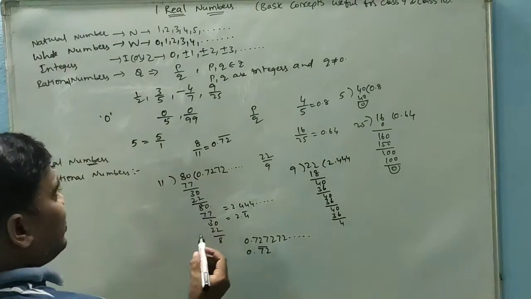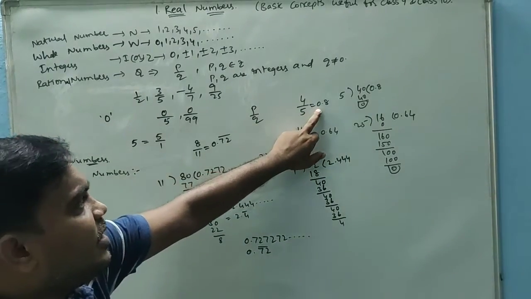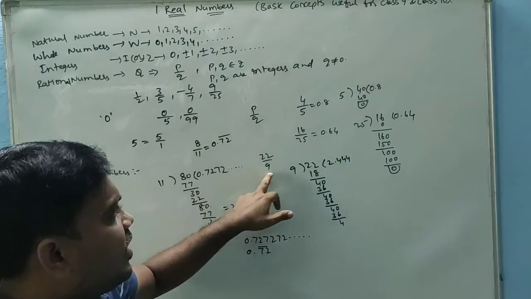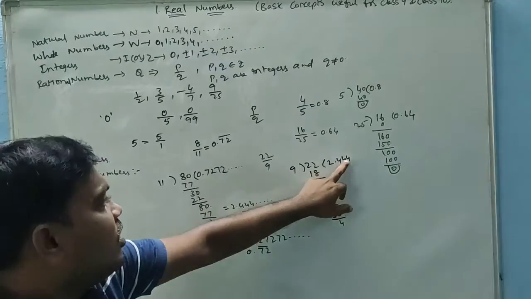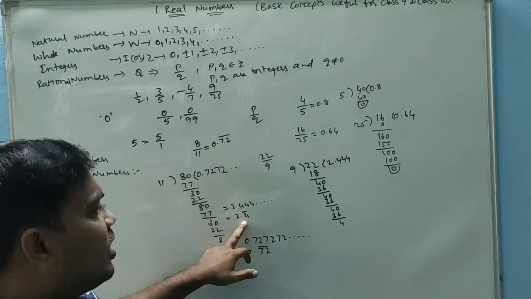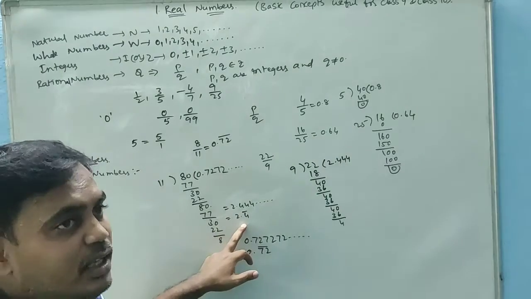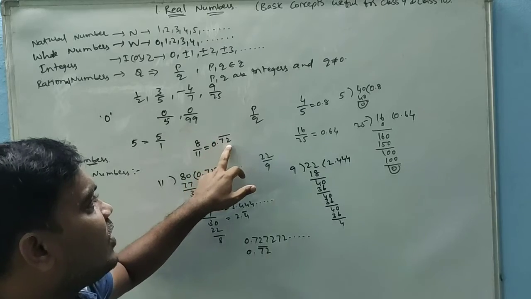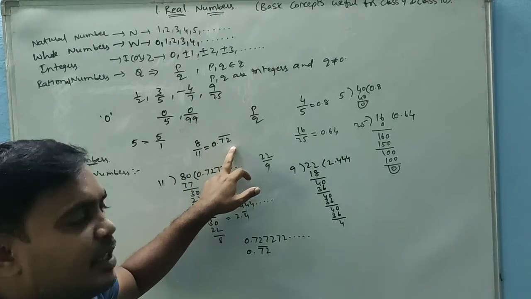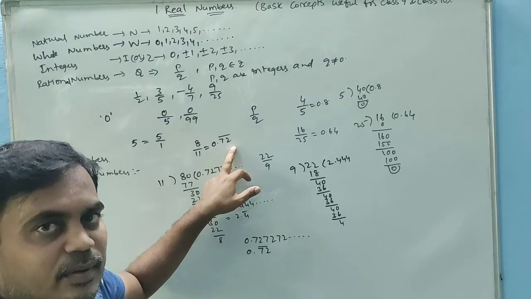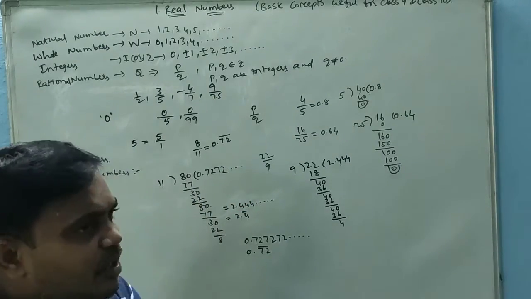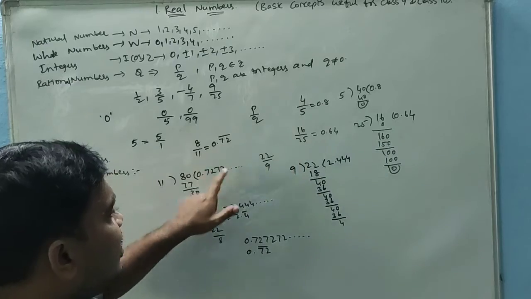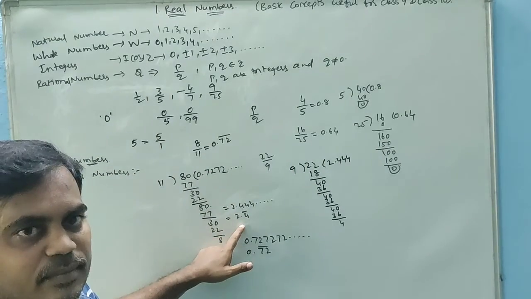If we observe, 0.8 is terminating, 0.64 is terminating, and 22 by 9 is 2.4 bar, so it is non-terminating recurring. 0.72 bar, where bar is for 72, is not terminating but it is recurring. So every rational number, while converting into decimal form, is either terminating or recurring.